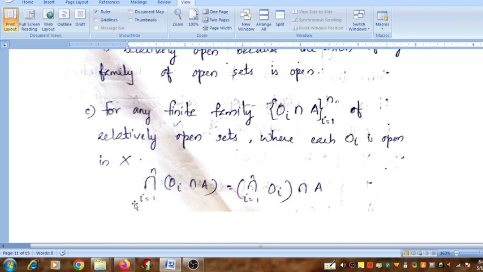We have to consider all the members from 1 up to n, and all of them must be included in this intersection.